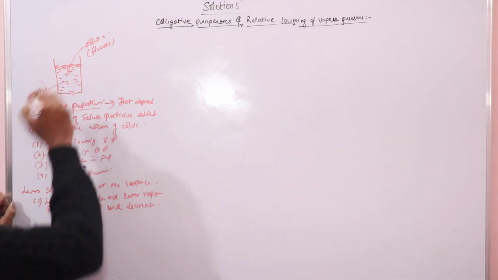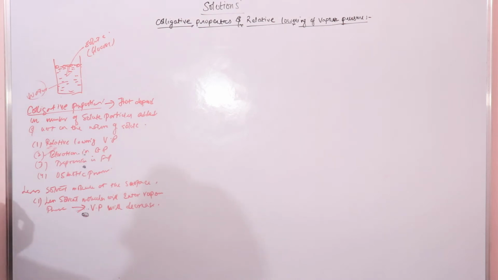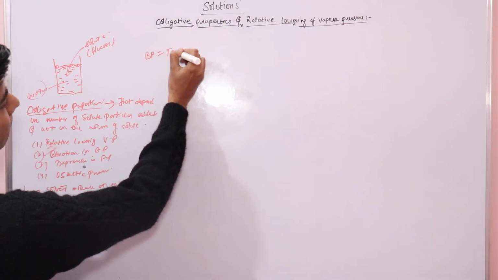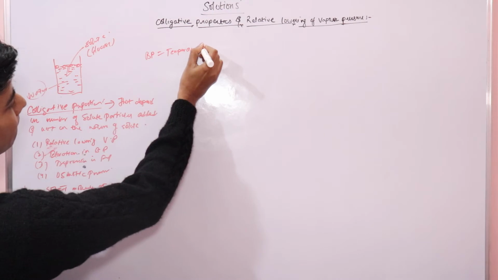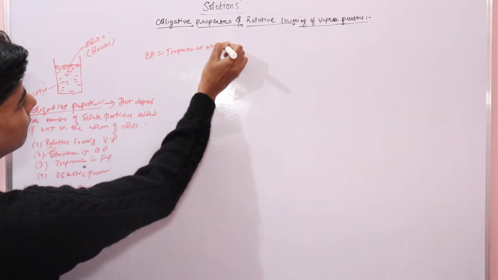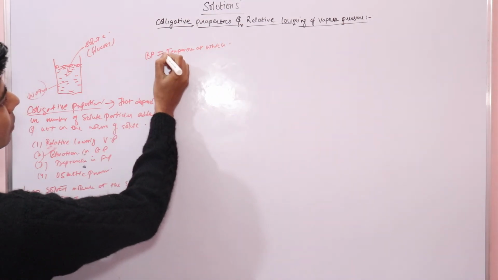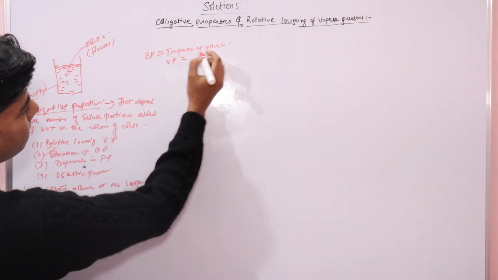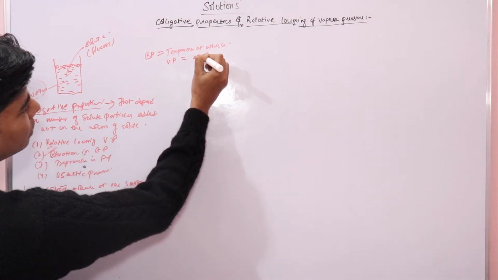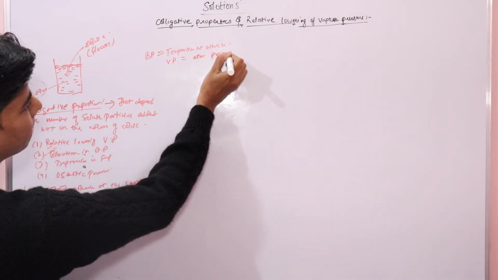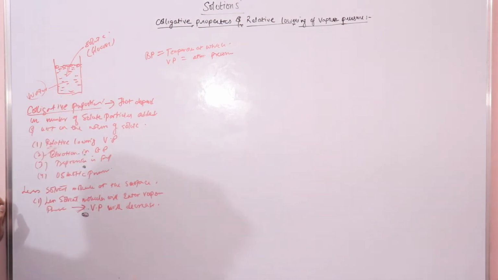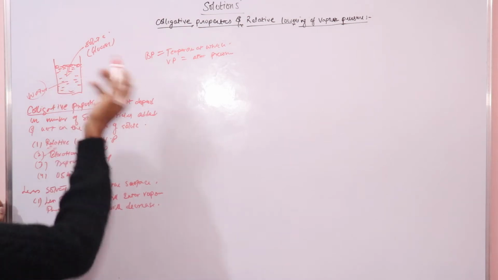Now, let's talk about boiling point. What is boiling point? Boiling point is the temperature at which vapor pressure is equal to atmospheric pressure. Let's suppose this is your solvent, say water, and this is glucose.